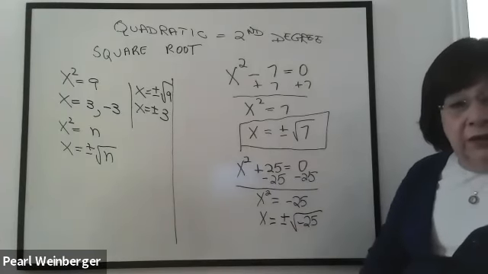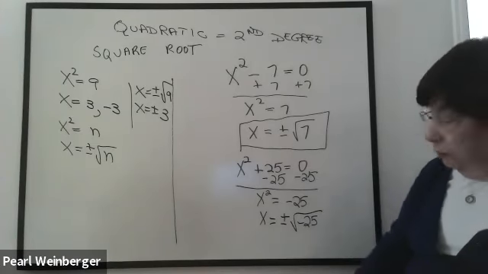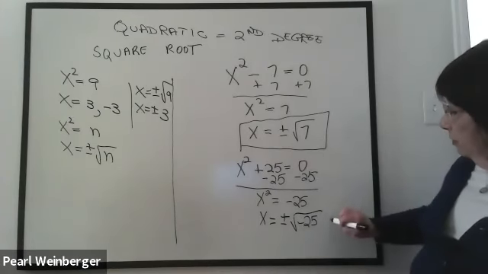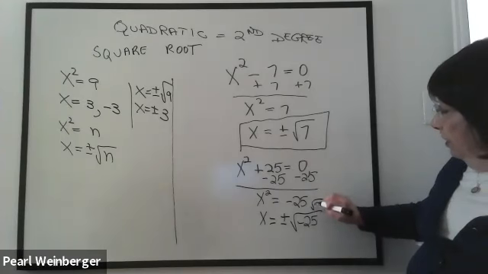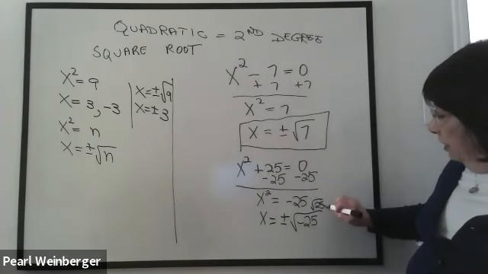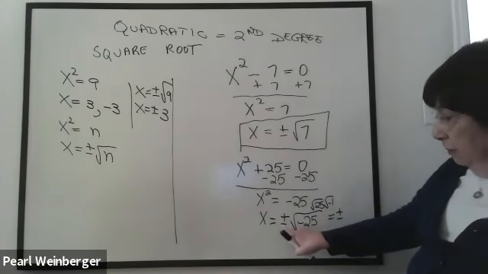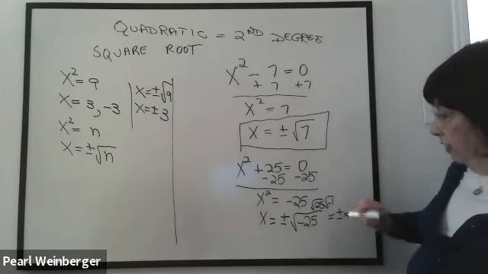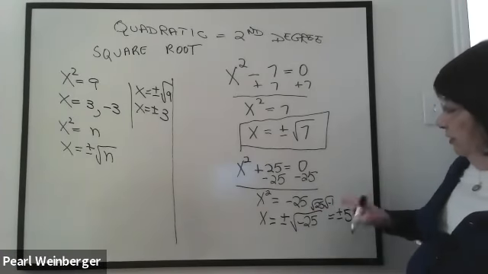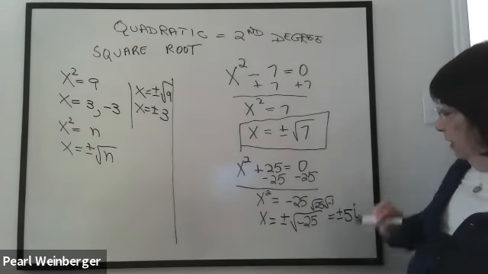We just learned how to deal with the square roots of negative numbers. This really means 25 times negative 1. So that's equal to plus or minus the square root of 25, which is 5, times the square root of negative 1, which is i, so 5i.